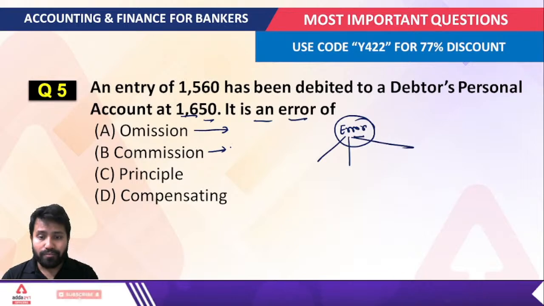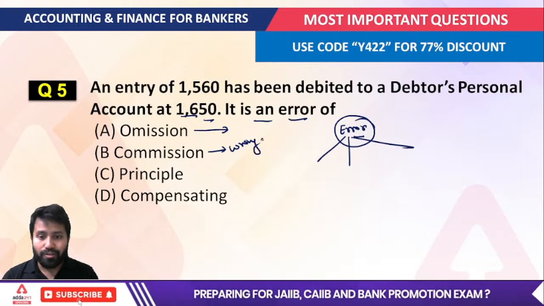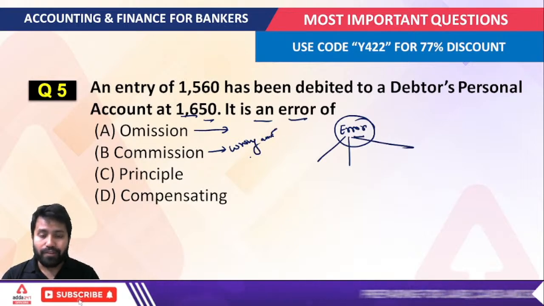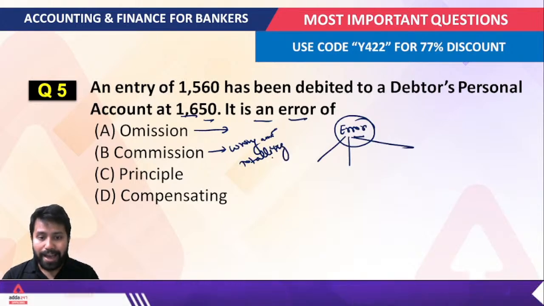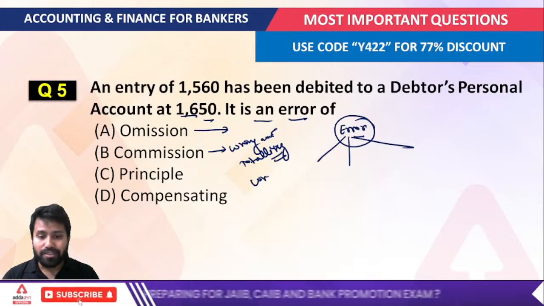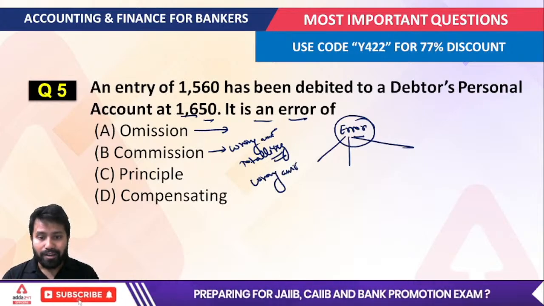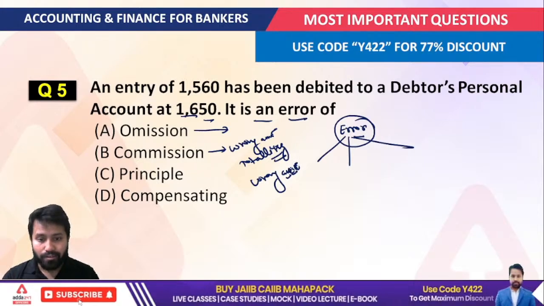In the error of commission, we talk about the wrong amount, a mistake in the totaling of the balances, or the wrong account.